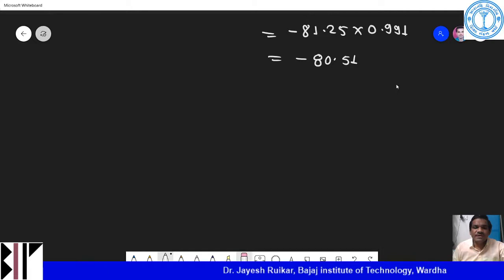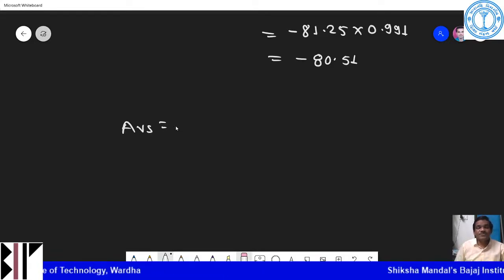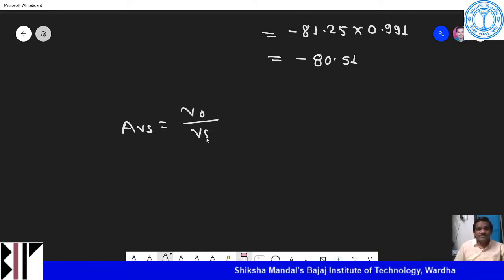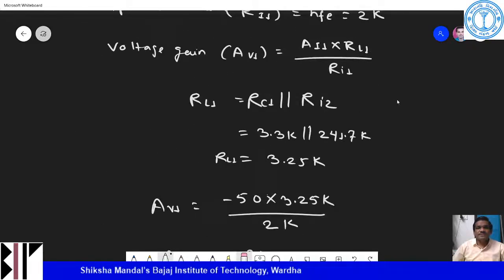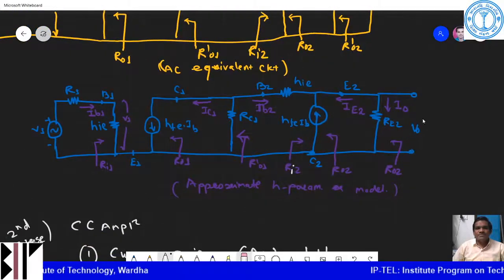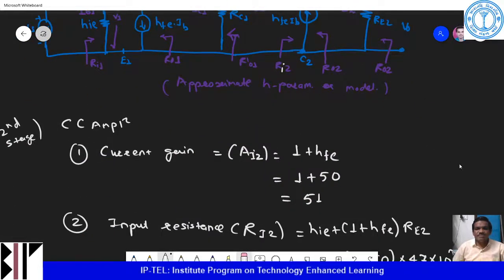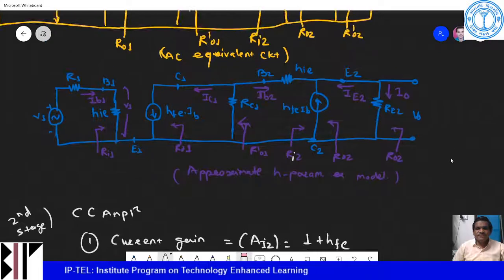And then the overall voltage gain considering the source voltage, which can be defined as AVS. That is VO divided by VS, looking at this particular diagram. Going back to this diagram again, this is VO and this is VS. So the overall voltage gain considering the source voltage is VO by VS. And what is VO by VS?